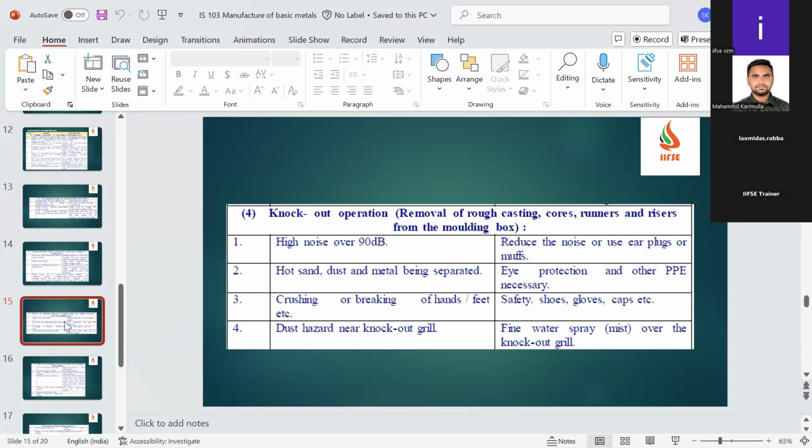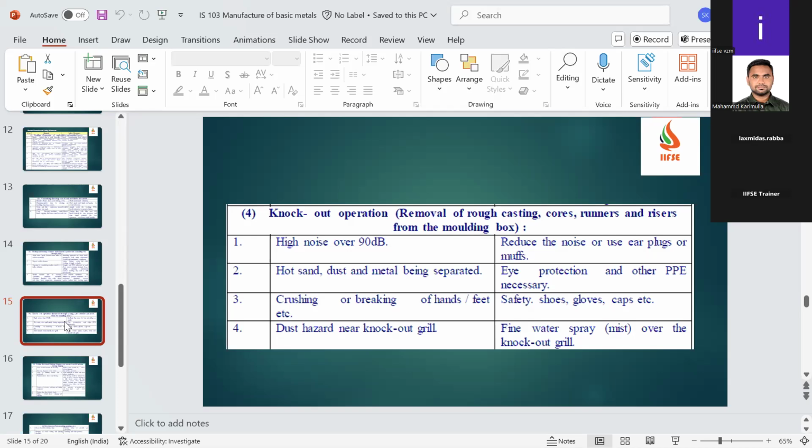Then the knockout area. Here the major hazard is especially high noise, because we take out the excess sand which is on the outside. We use big vibrators to create an impact, to loosen the sand around the part which we have created.